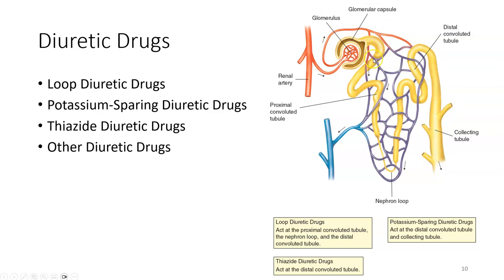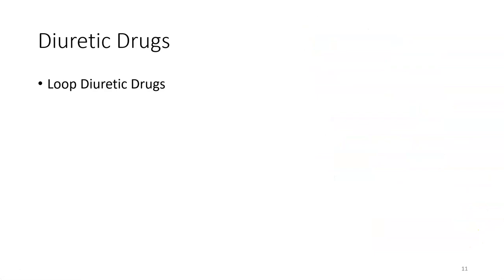So this part is the proximal tubule. This thin area is called the loop of Henle. This is where your loop diuretics will work. And then we have the distal tubule. So going back, your loops, they're going to act at the loop mostly, but starting in the proximal.